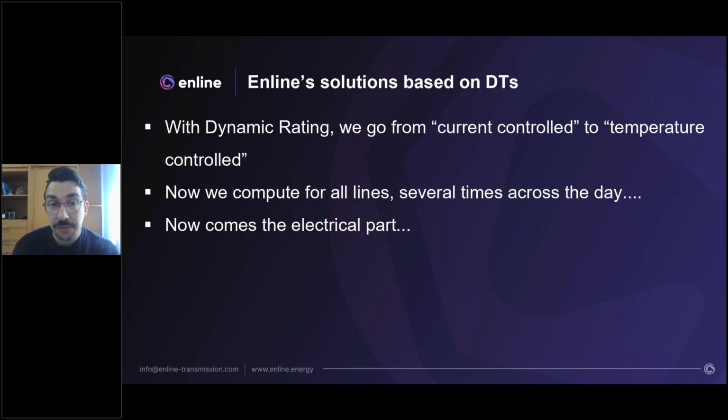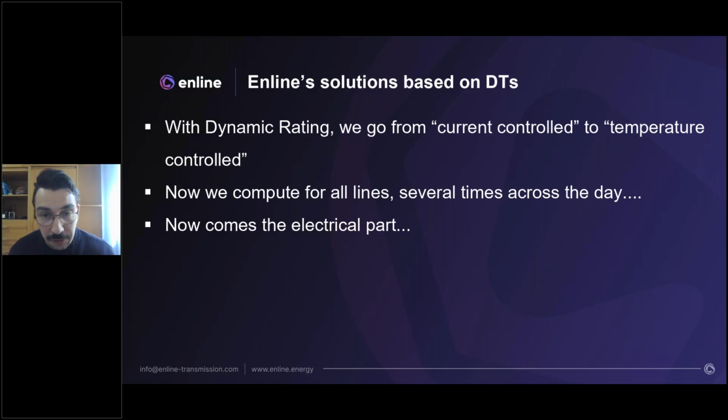And as I said before, we go from this current control to now temperature control because the model is able to sense several hot spots of a transmission line. Now imagine that we have a grid and we compute this same model for all lines of the grid several times across the day. Thousands and thousands of miles being driven by this model.